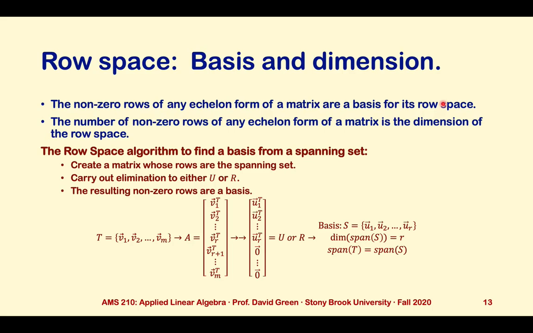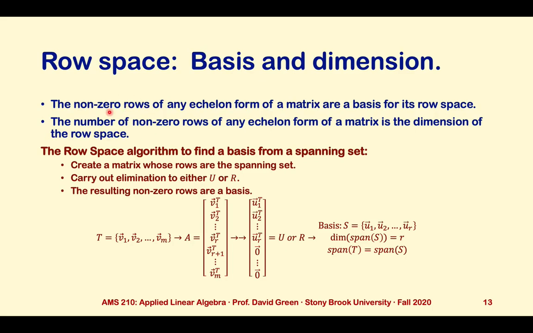The act of going through elimination has created zeros where there was linear dependence, and everything that's left when we get to an echelon form must be linearly independent. It also must span the same row space, and so those rows are a basis. The dimension is simply the number of vectors in a basis, so we count the non-zero rows, and that gives us the dimension of a basis.